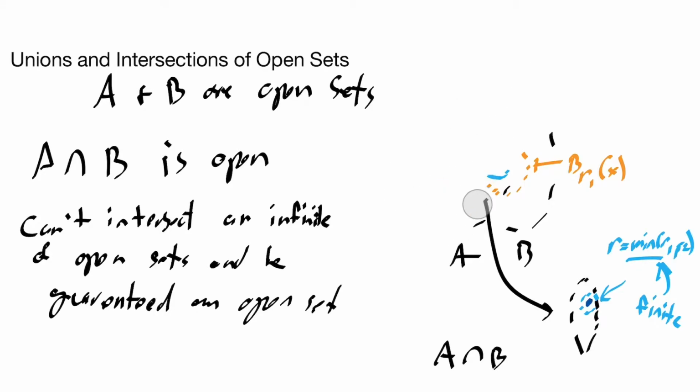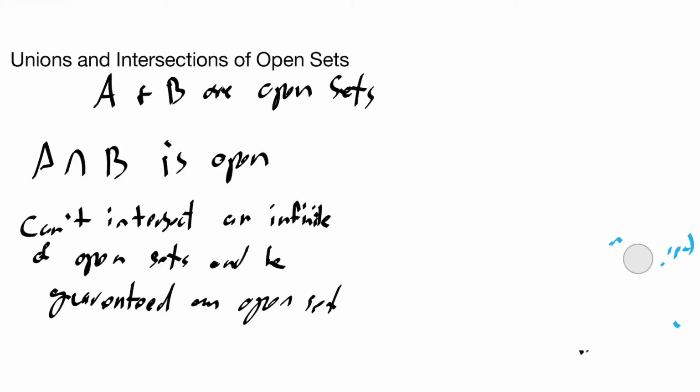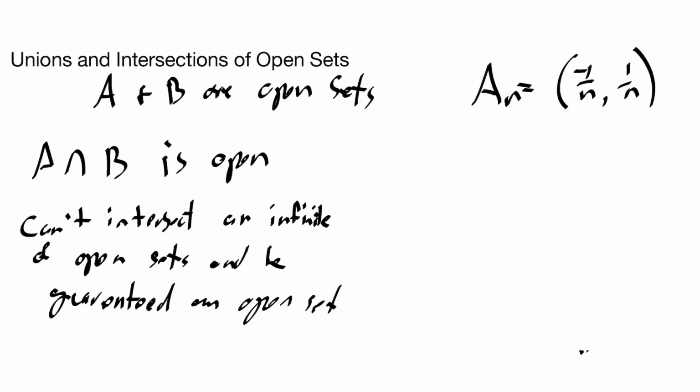So let's just do a quick example for that, and you'll see why that has to be the case. The example that I like the best is what if we let my set A sub n be the open set from negative 1 over n to 1 over n. What you'll notice is my very first open set is right here, and we'll just use the real numbers.